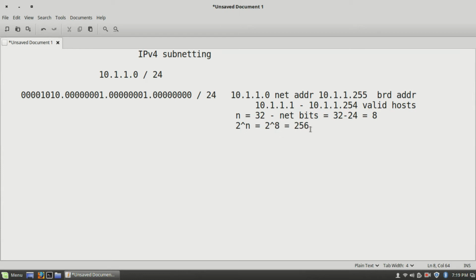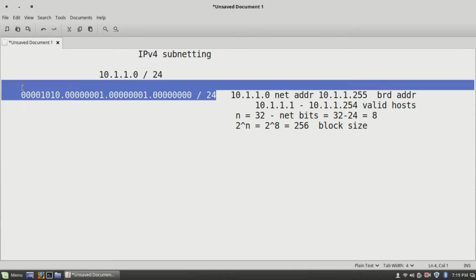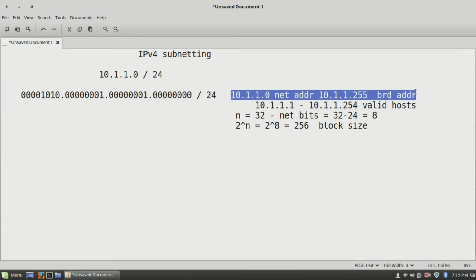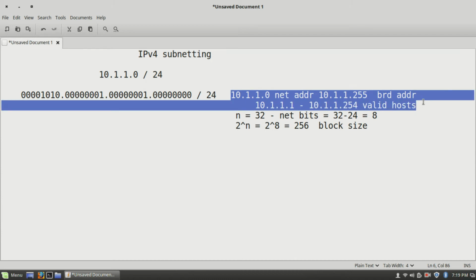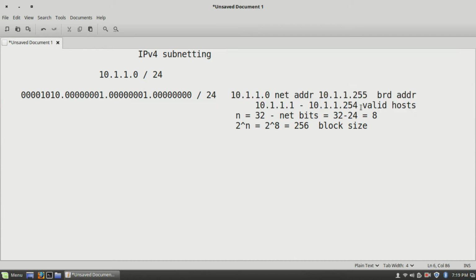Now what is a block size? Block size is all the possible values that can come in this network, including the network address, broadcast address, and all the valid hosts. So it will be from 0 to 255, which is 256 addresses, including 0 and 255.